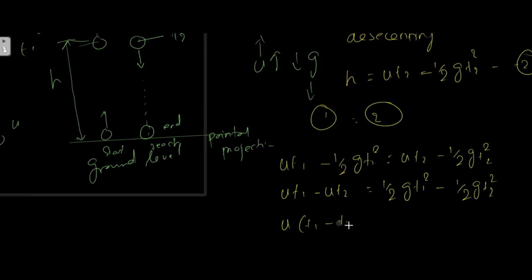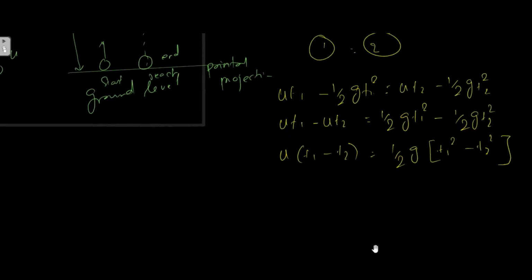u times (t1 minus t2), taking the common factor u out of the bracket, equals half g times (t1 square minus t2 square). Clear? This is like the property a square minus b square, so expand: g times (t1 minus t2)(t1 plus t2). Cancelling (t1 minus t2) on both sides, u equals half g (t1 plus t2).